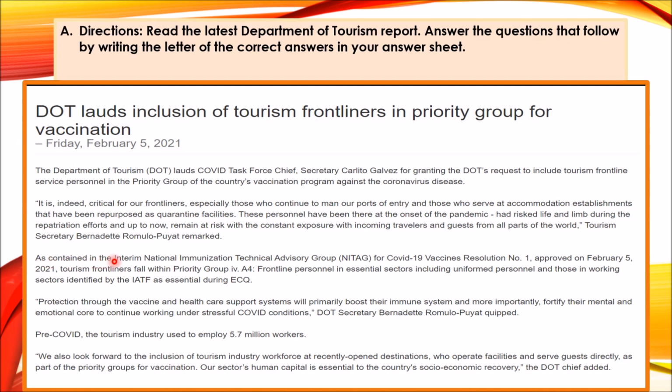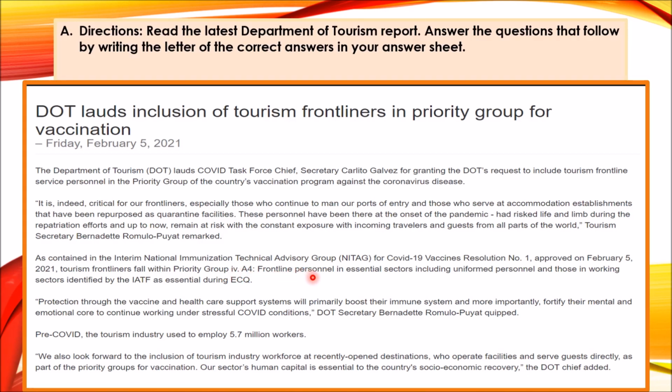As contained in the Interim National Immunization Technical Advisory Group, or NITAG, for COVID-19 Vaccine Resolution Number 1, approved on February 5, 2021, tourism frontliners fall within Priority Group A4.